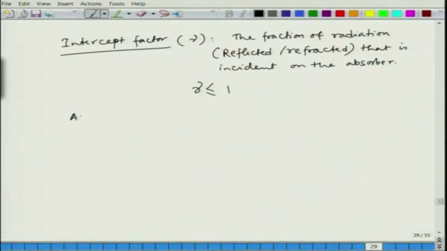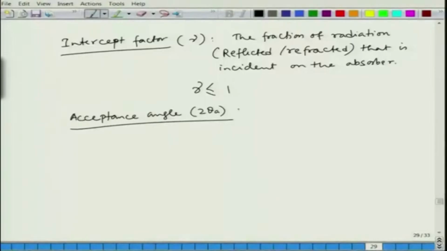Okay. Another important jargon for the concentrator is the acceptance angle. We call it 2 theta A, just like theta S, which is the half angle subtended by the solar disk. Here we have theta A, which is half angle or half acceptance angle. Okay.